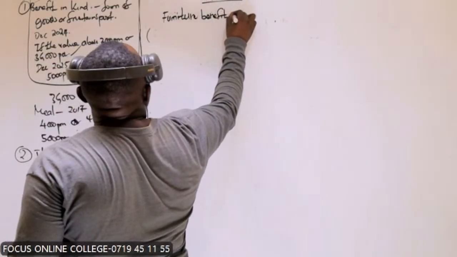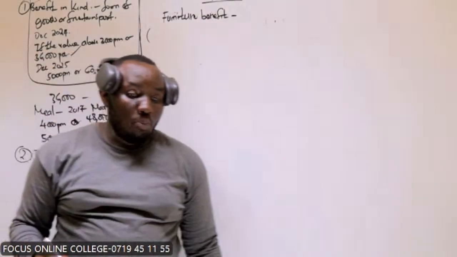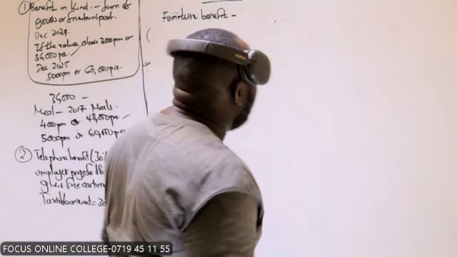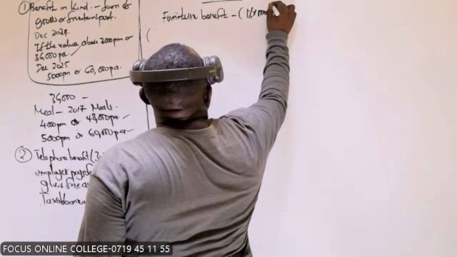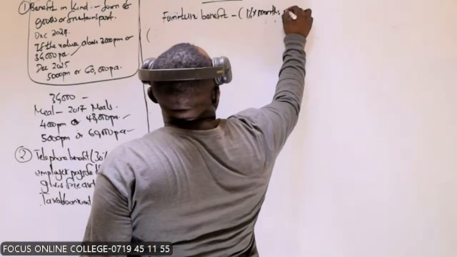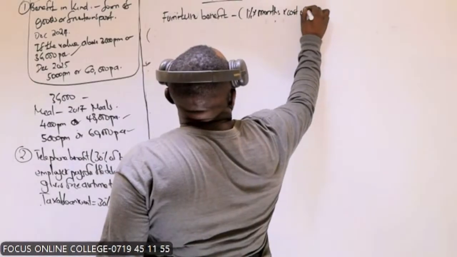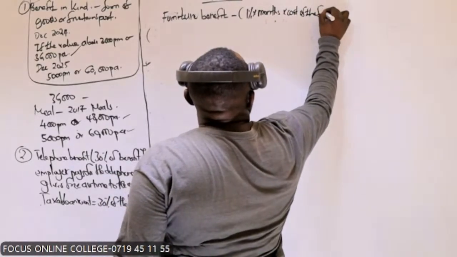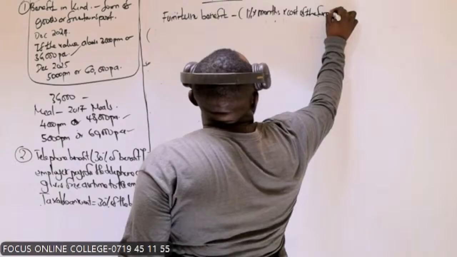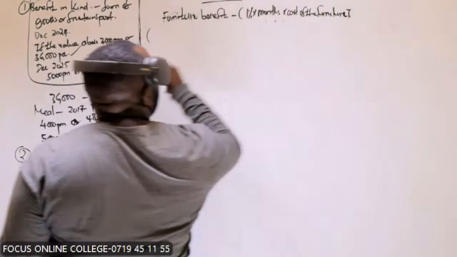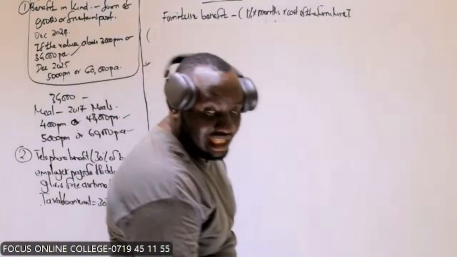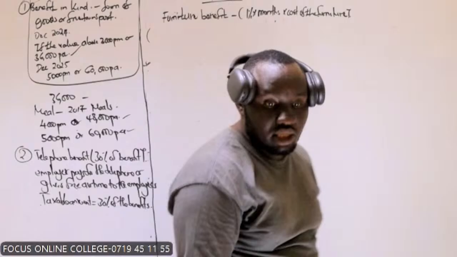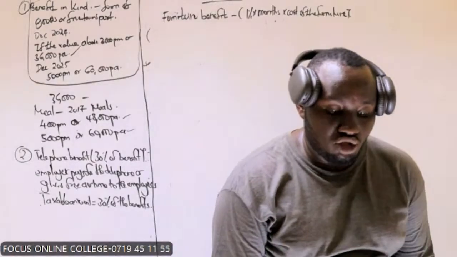Furniture benefit is 1% times the number of months, times the cost of the furniture.